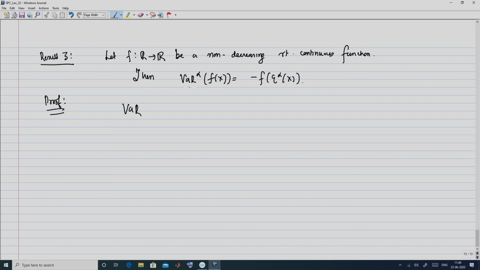Start with the left hand side. VaR of f(X) is by definition minus q alpha of f(X), and we just interchange the f and q. So, this becomes minus f of q alpha of X.